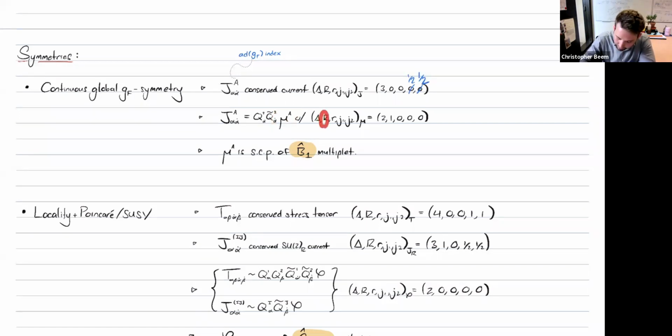It's an SU2R triplet, and the other quantum numbers are all 0. And that necessarily means, by the sorts of arguments I was making before, that this operator is the superconformal primary, so the top of the diamond, in a B hat 1 multiplet. So this is an operator which is annihilated by 2 Q's and 2 Q tildes.